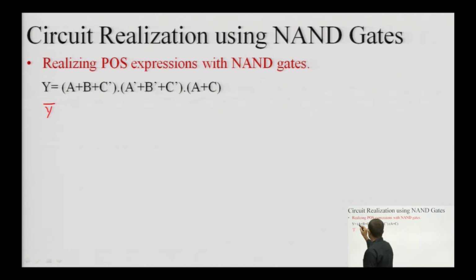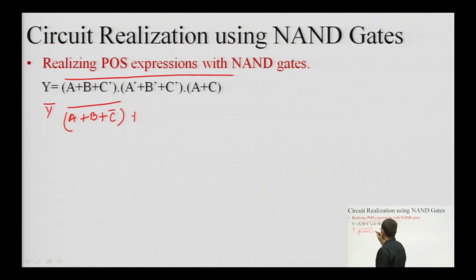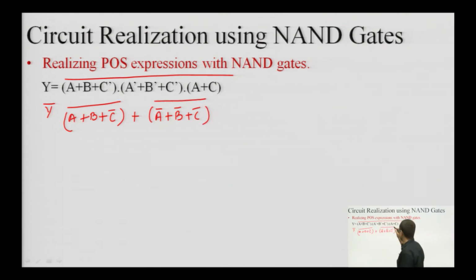So, I am complementing this, that means I will get A plus B plus C complement whole complement, this dot will change to plus, then again A complement plus B complement plus C complement whole complement, again this dot will change to plus, and there will be A complement plus C complement whole complement.